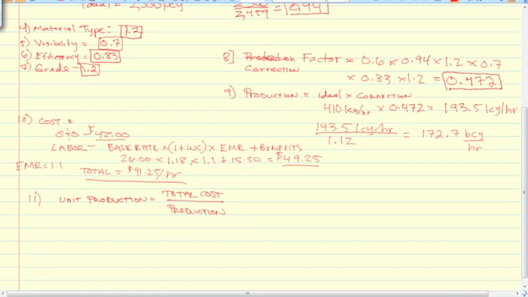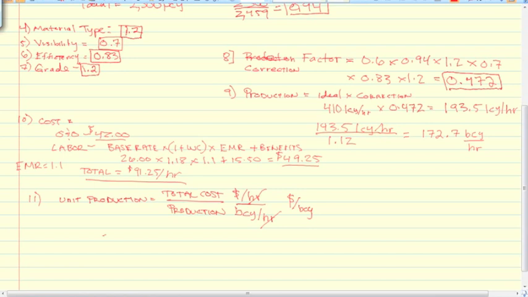And remember the units of these. This is dollars per hour, and this was bank cubic yards per hour. So your hours end up canceling, and you're left with dollars per cubic yard, which is exactly what we want.